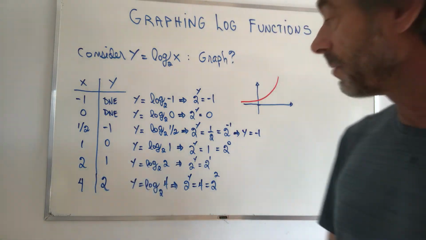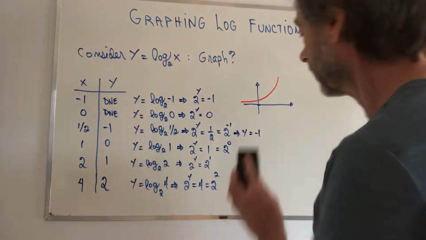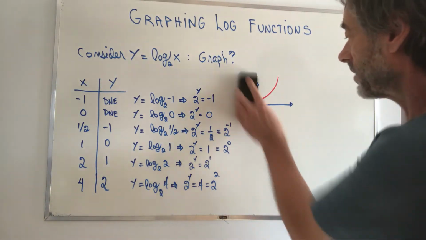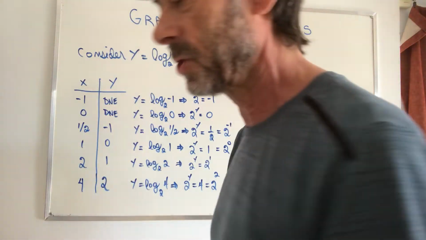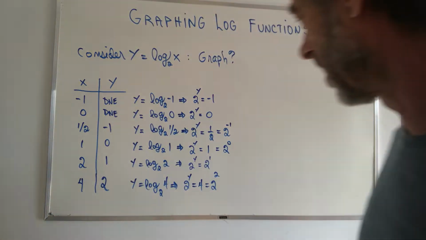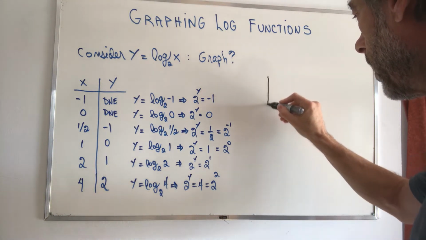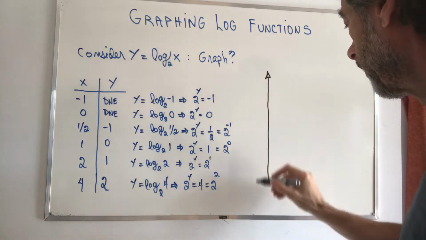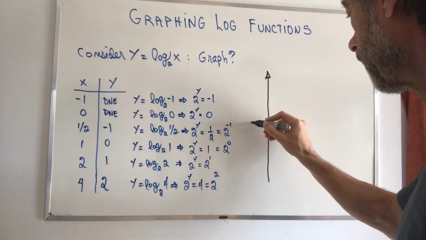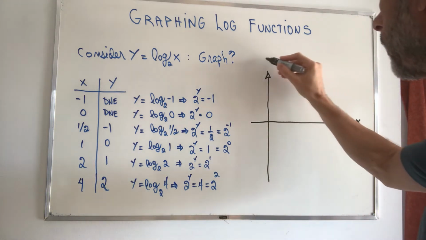We now have a nice table of values and we can actually use it to sketch the graph of this function. So I'm going to do that in the very restricted space that I have on this very small whiteboard. So y-axis and x-axis here.